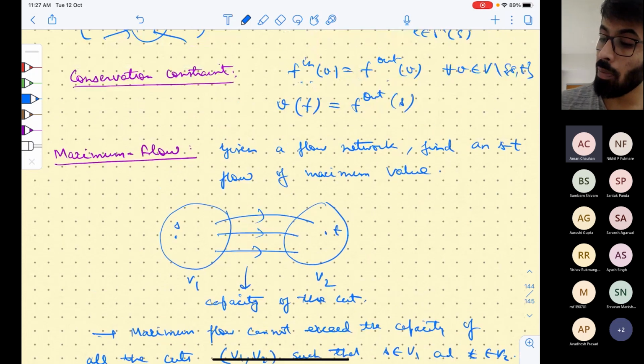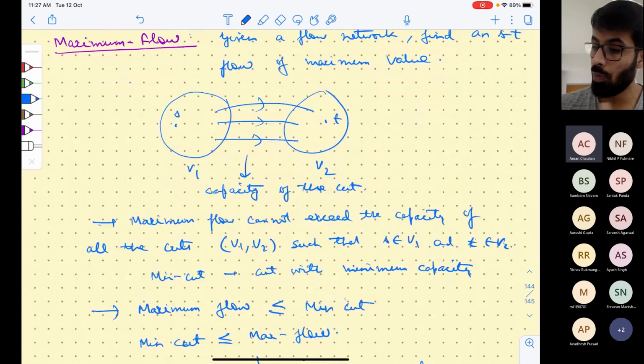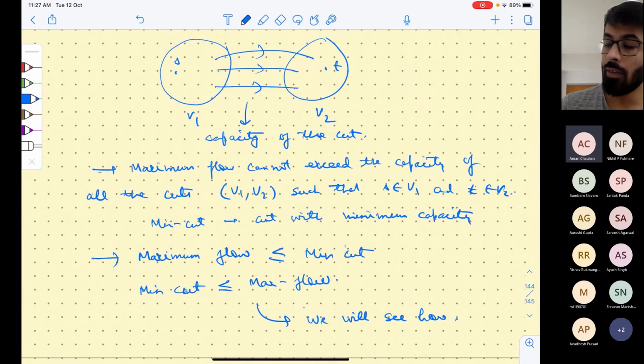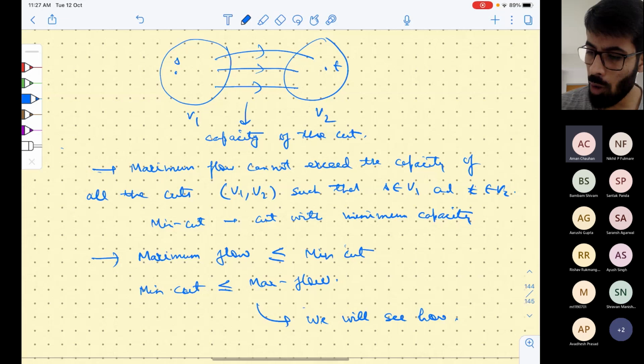So this is the maximum flow problem. There is this nice structure to it that we will come to, how we find this min cut or this maximum flow. I'm not very formally defining these things. This is just to give you a flavor of what kind of things are to come.